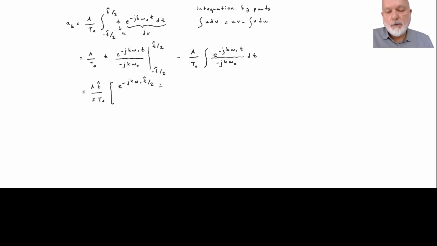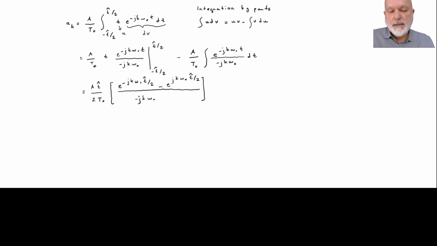Then when we substitute minus t cap over 2, we are going to have e to jk omega 0 t cap over 2 divided by minus jk omega 0. So let us look at this expression once more.